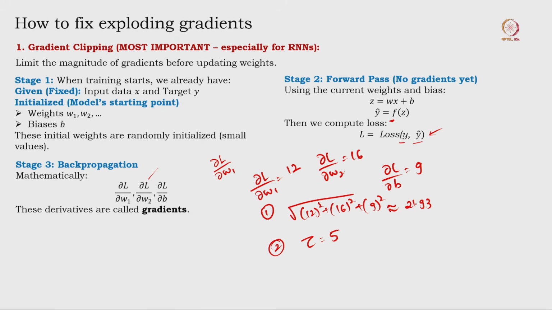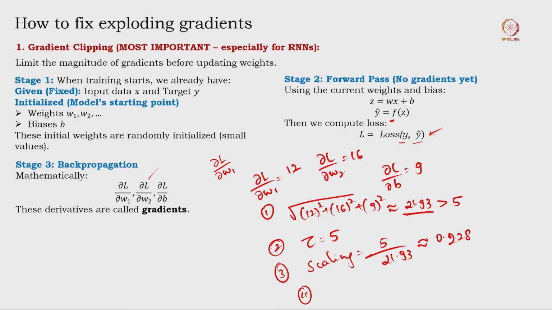Let us assume the threshold value we have fixed is 5. When the gradients are increasing, you have to limit the gradient. This value is very much greater than 5. Therefore, the third step is to calculate the scaling factor. How will you calculate it? 5 divided by 21.93, which will be approximately 0.228.